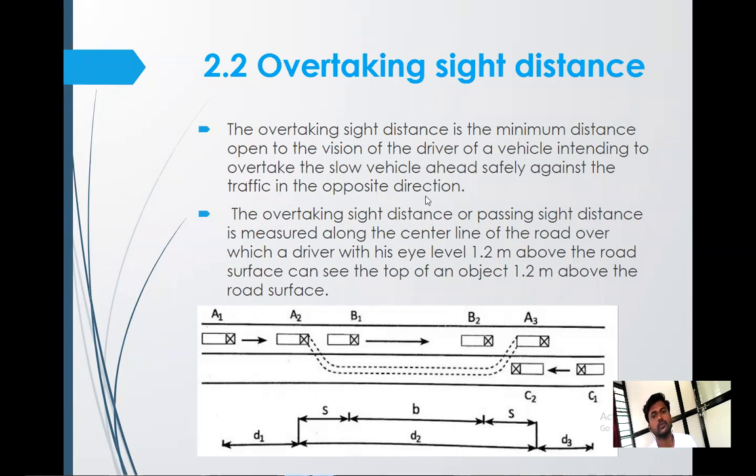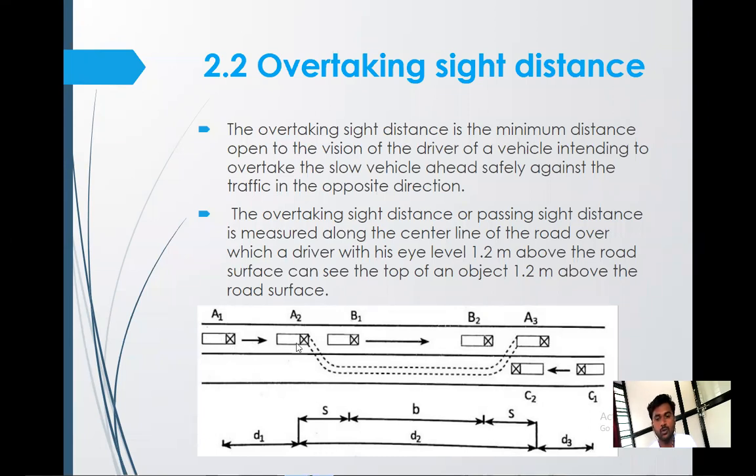So what is meant by overtaking sight distance? It is the minimum distance open to the vision of the driver of the vehicle intending to overtake the slow vehicle ahead safely against the traffic in the opposite direction. Suppose this is A, the vehicle we see in the figure.